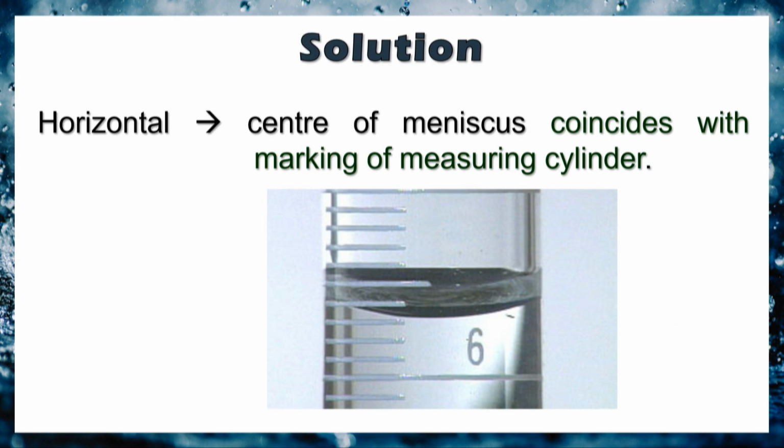The surface has also to be horizontal so that the center of the meniscus coincides with the marking of the measuring cylinder such that we can read off the volume.